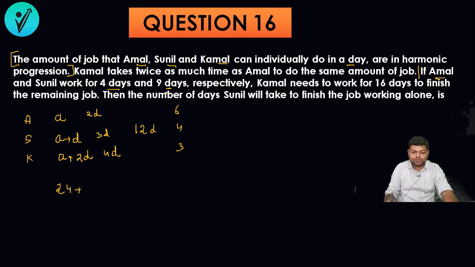Sunil has worked for 9 days with efficiency 4, so it will be 36. Kamal needs to work for 16 days to finish the remaining job. So if Kamal works 16 days, 16 into 3 will be 48.